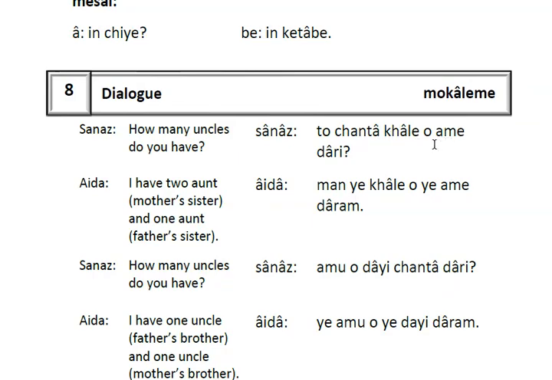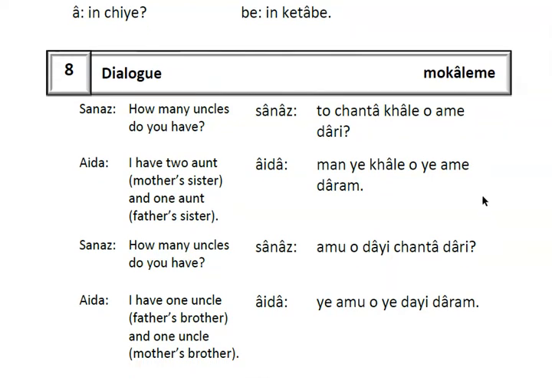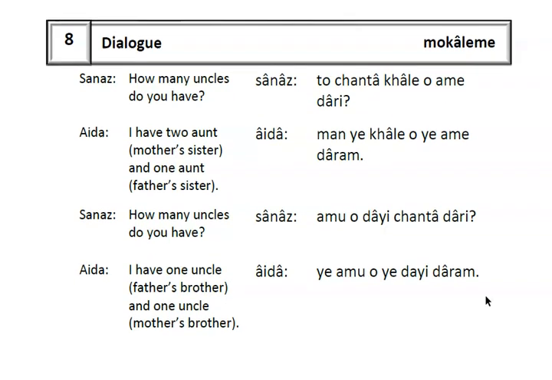Here the translation says aunts, which is not correct. من یه خاله و یه عمه دارم. عمو و دایی چند تا داری؟ یه عمو و یه دایی دارم.